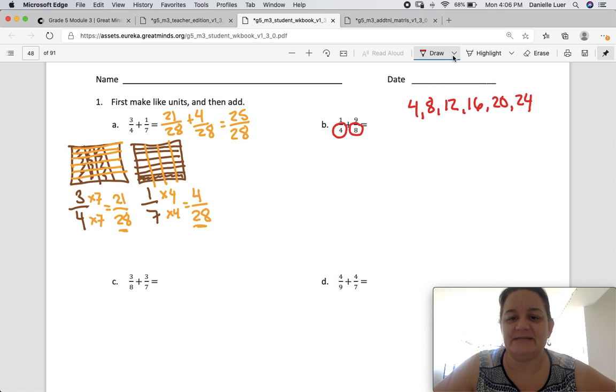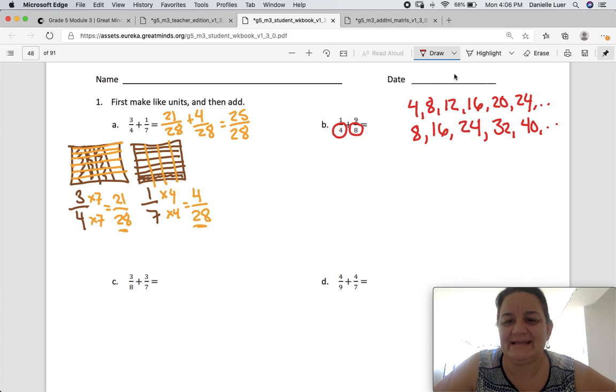Now I want to try some skip counting for 8. 8, 16, 24, 32, 40, and I can keep going for both, but I'm going to stop now.